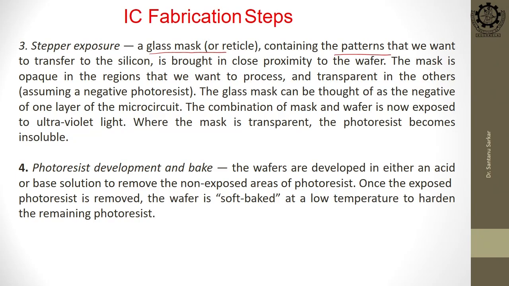Okay. So, photoresist development and bake: the wafers are developed in either an acid or base solution to remove the non-exposed areas of the photoresist. Once the exposed photoresist is removed, the wafer is soft baked at a low temperature to harden the remaining photoresist. Okay. Whichever portion is erased, the rest of the photoresist is hardened using a certain temperature, that is known as soft baking.